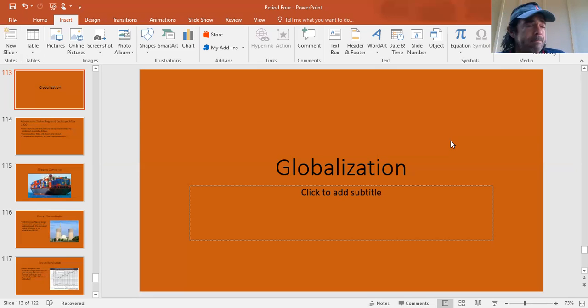But the third theme is globalization. Globalization is this process that's ongoing right now, where the world is becoming more and more interconnected than it had ever been previously, to the point that now a person gets sick in China, for example, and it becomes a global pandemic, or there's an economic problem in Greece and American stock prices decrease.